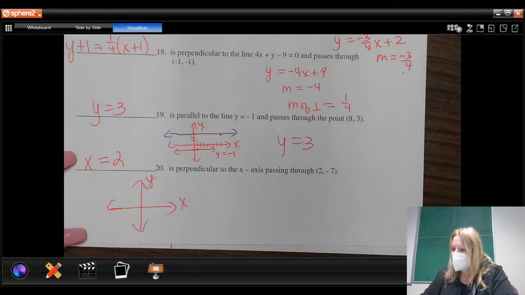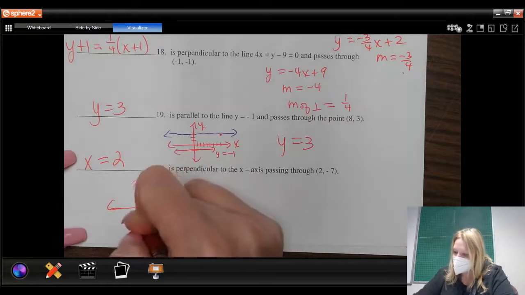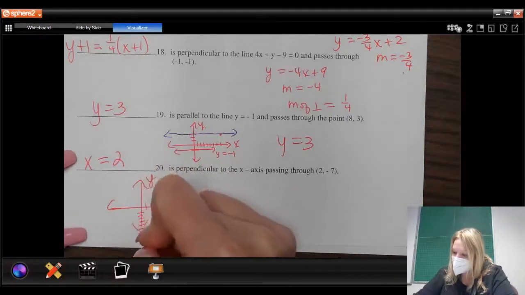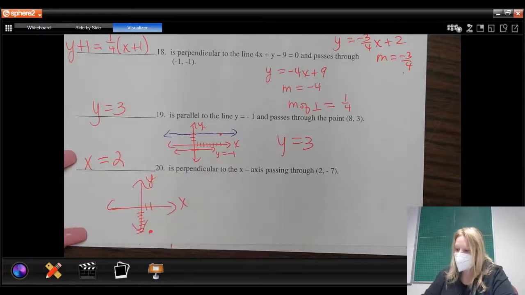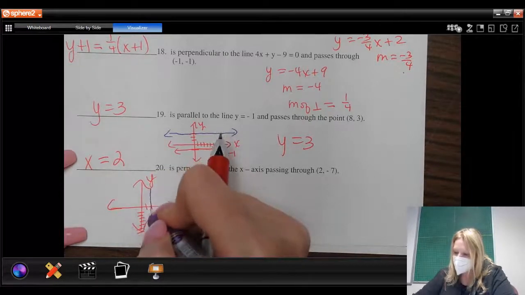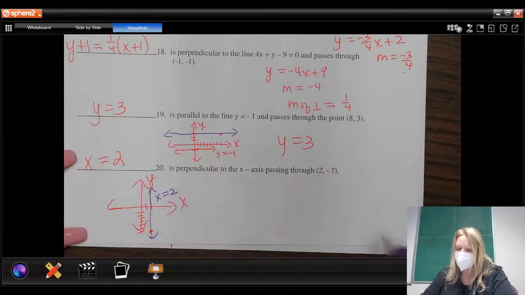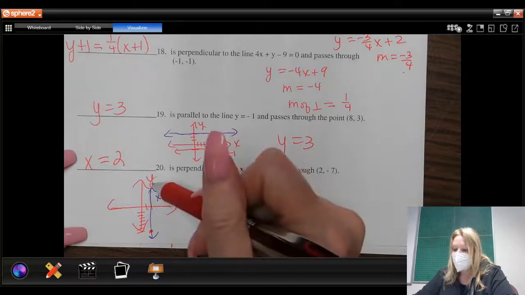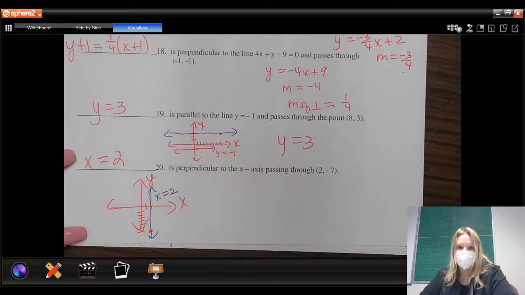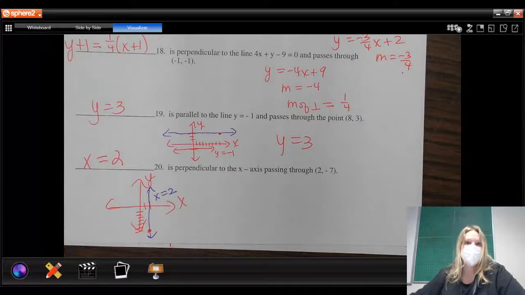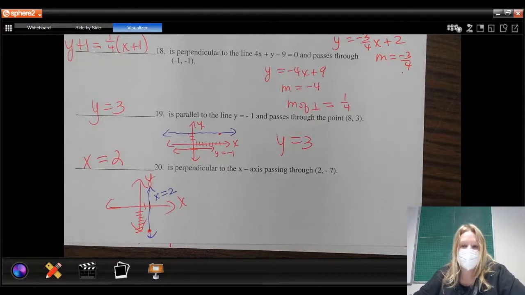Just plot this point. 1, 2, negative 1, 2, 3, 4, 5, 6, 7. It's right here. So if I need the line to be perpendicular to the x-axis, this is the line x equals 2. Every point on this line has an x value of 2. Okay, so that is it for the review sheet for Unit 3, Part 2.